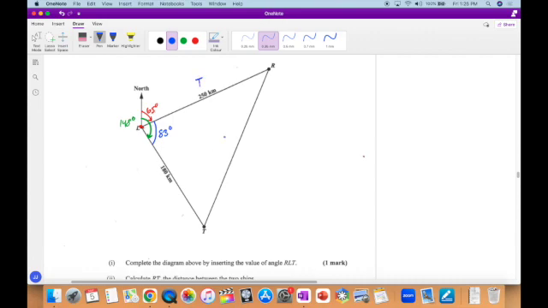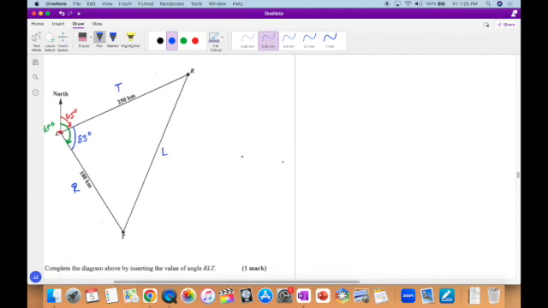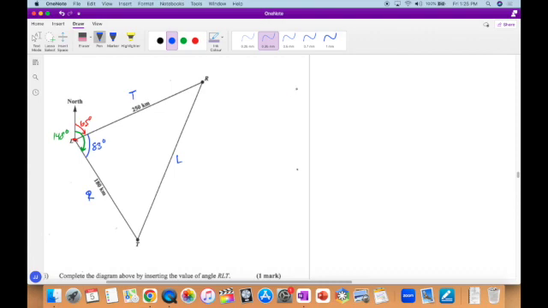If this is the side T, this is the side R, and let's call this the side L. That means with the cosine rule, I want to be finding the side L. So L squared is equal to R squared plus T squared minus 2RT cos L. So that is 180 squared plus 250 squared minus 2 times 180 times 250 times the cos of 83 degrees.